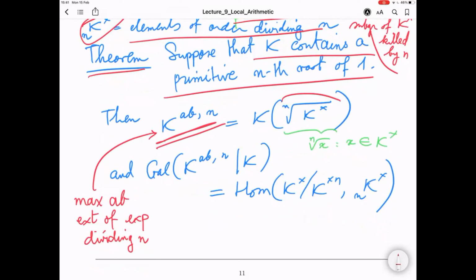It says that the maximal abelian extension of exponent dividing n is obtained from K by adjoining the nth root of x for every x in K^*.